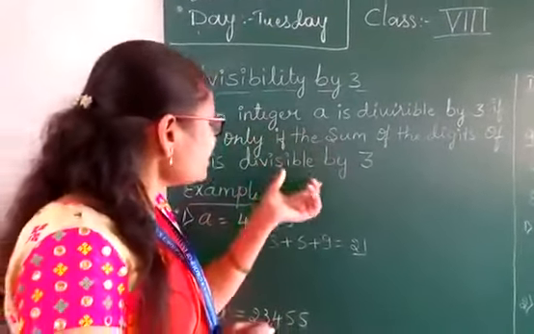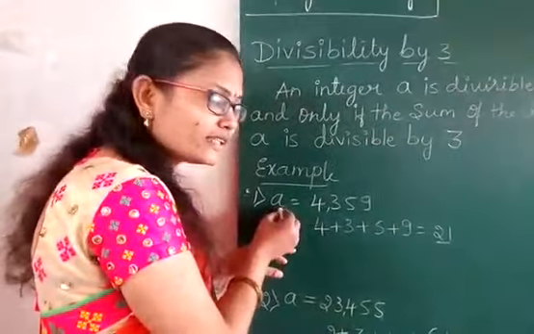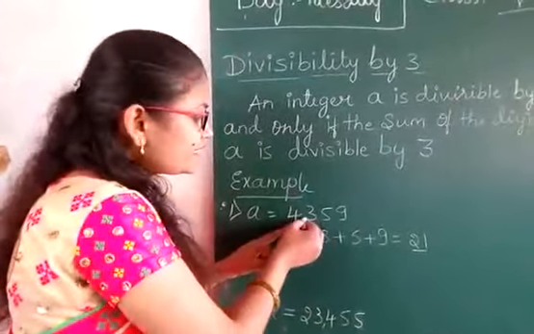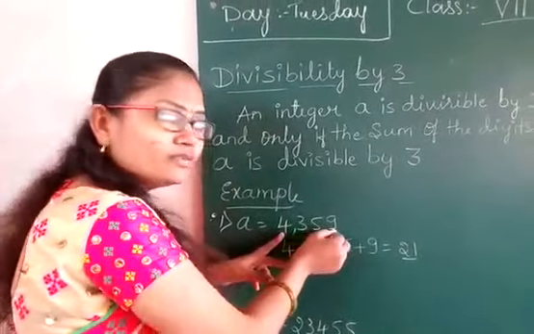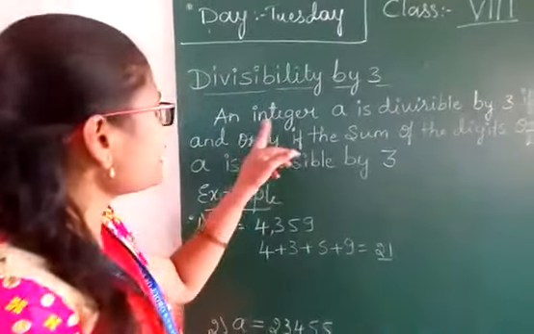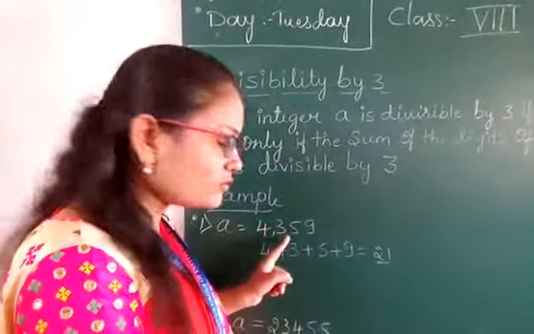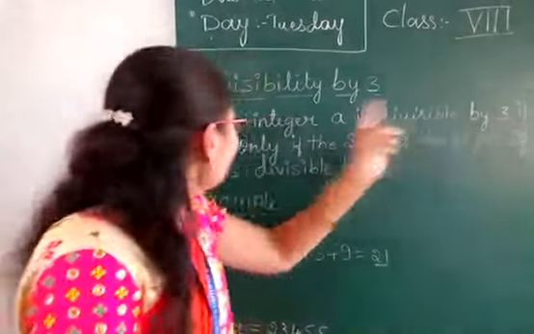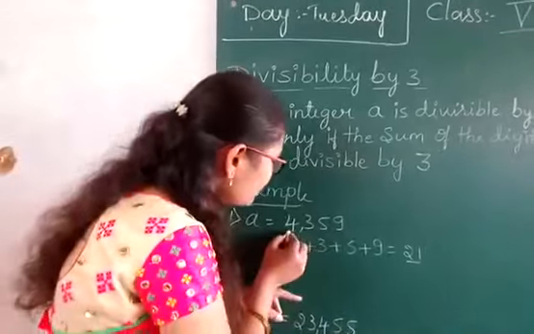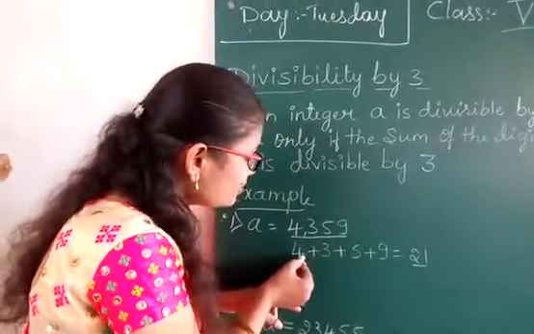Let us consider one example. Before, I said a is any integer you can take. Here I take a as 4359. An integer a is divisible by 3 if and only if the sum of the digits is divisible by 3, meaning we have to add the digits of the number we have taken.